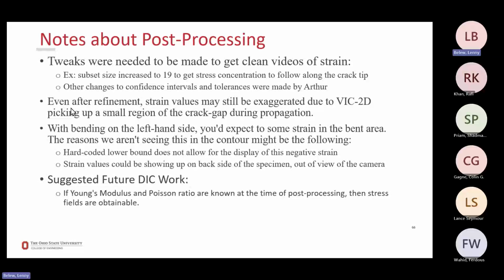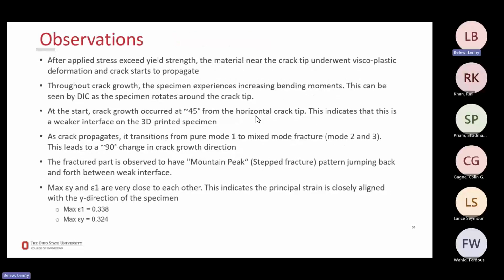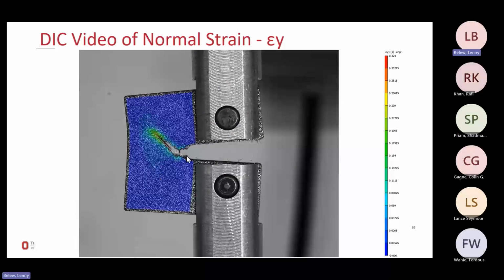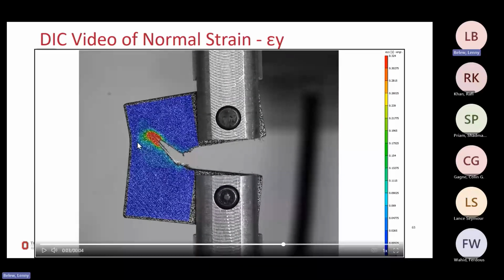I already kind of mentioned this, values may be exaggerated. And then just touching again on the bending, you'd expect to see some strain in the bent area. So if you look at that left side, let me go back up. When this starts to bend, you would expect to see some strain here.